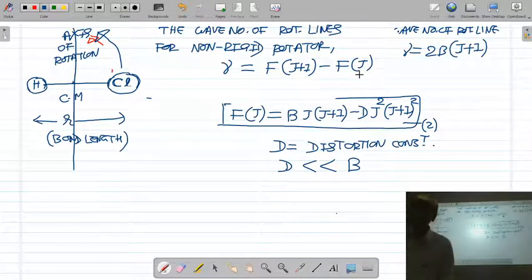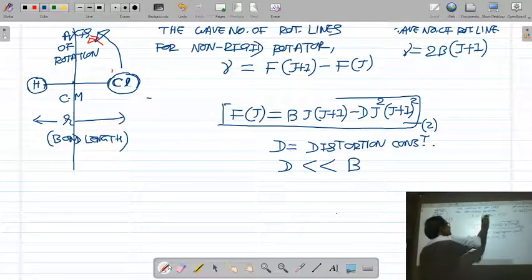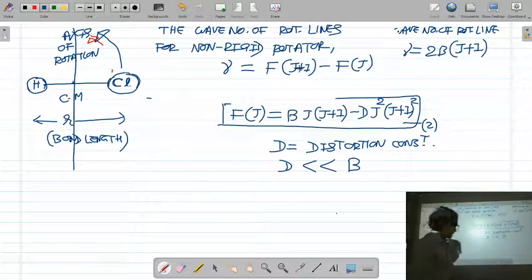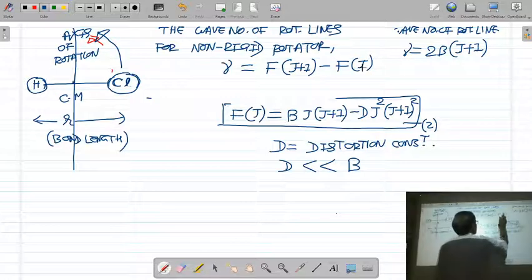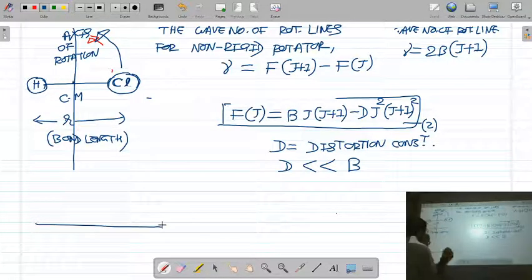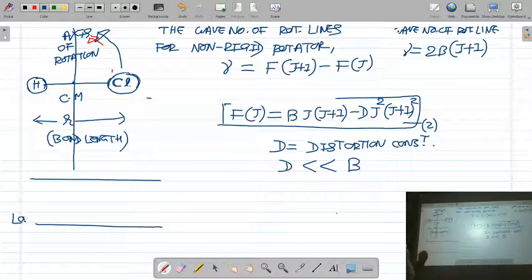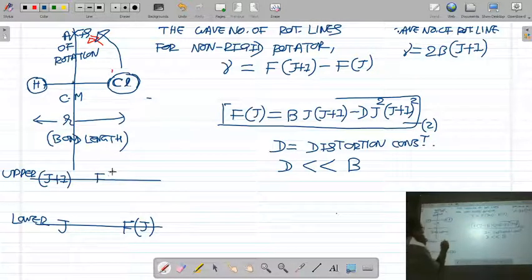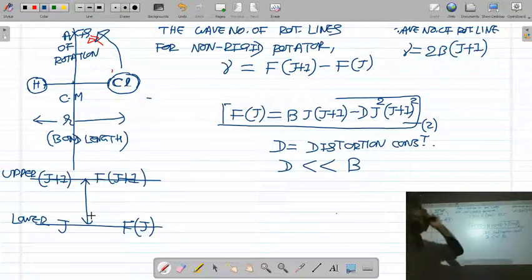What is F(J+1)? F(J+1) is the rotational term value of the higher rotational level J+1, and F(J) is the rotational term value of the lower rotational level J. So I draw two levels here. This is the lower rotational level J, in which the rotational term value is F(J). This is the upper rotational level J+1, in which the rotational term value is F(J+1). The difference of these two term values will give the wave number of the emitted or absorbed rotational line.